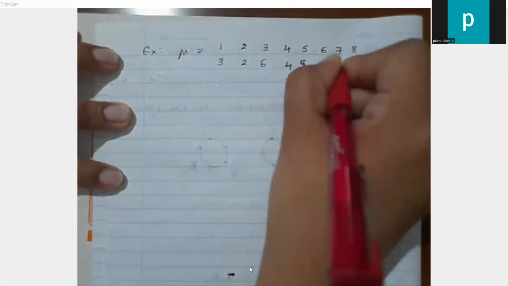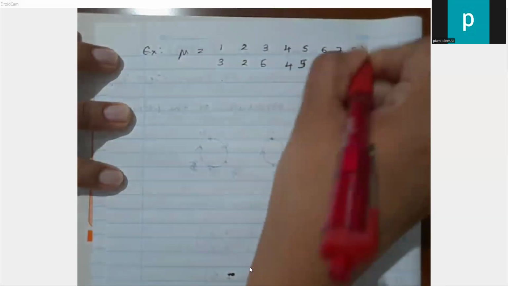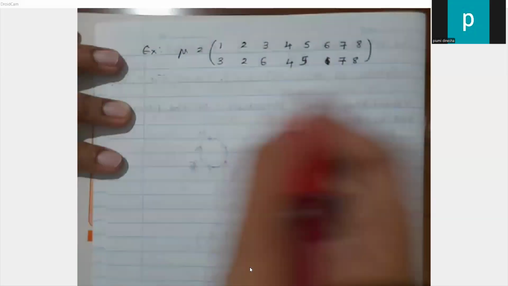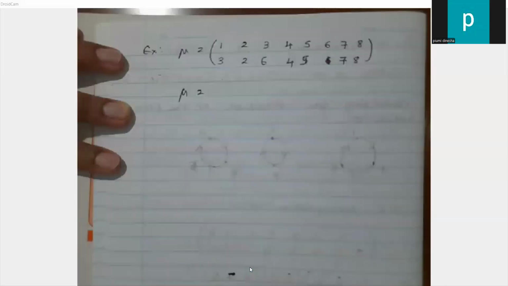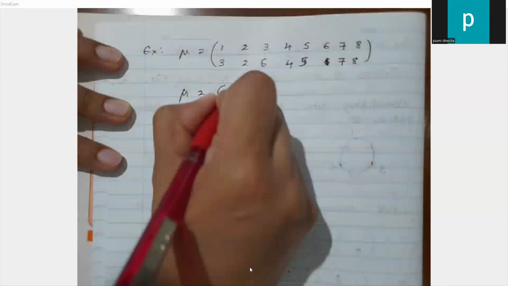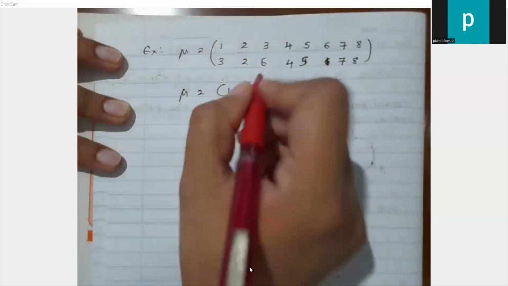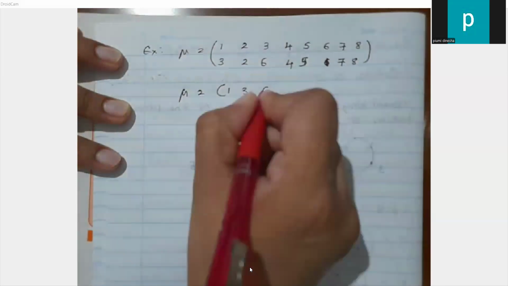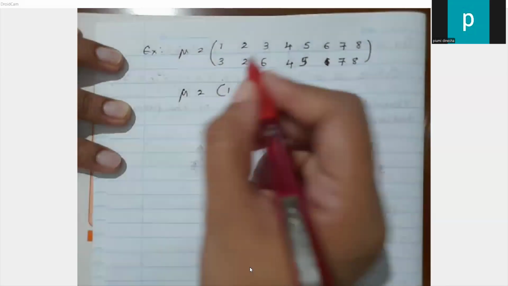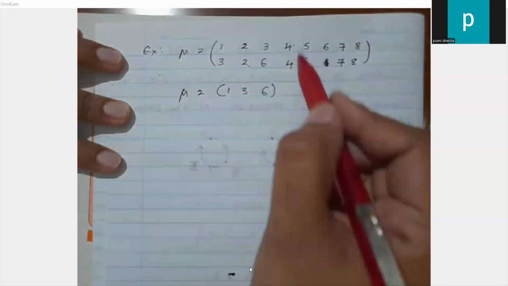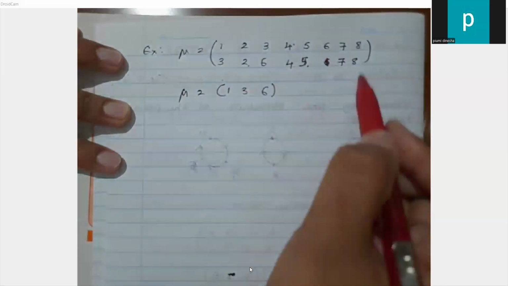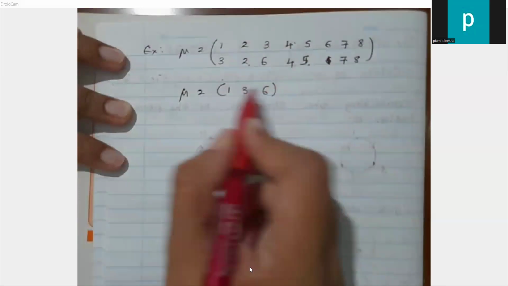This is 1 over here, and then 7 and 8. Right. Let's write the cycle decomposition of mu. We have 1 sent to 3, 3 sent to 6, and 6 sent to 1. So we close it over here. Go to 2. 2 is fixed, 4 is fixed, 5 fixed, 7 fixed, 8 fixed.